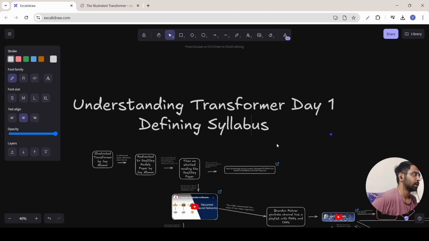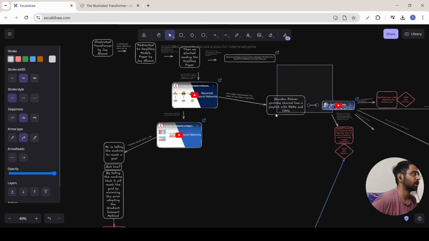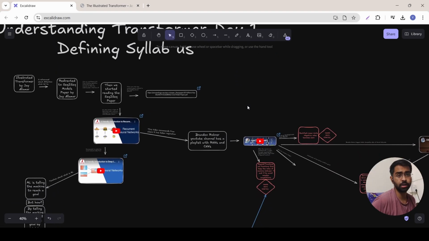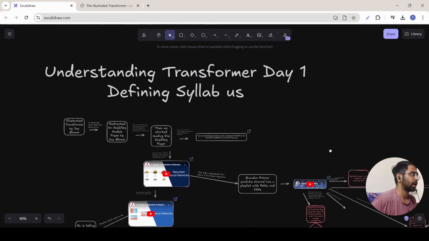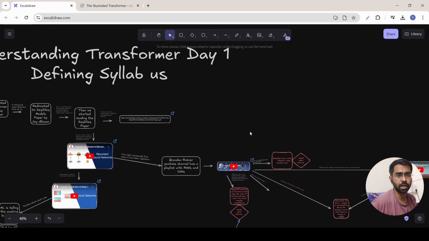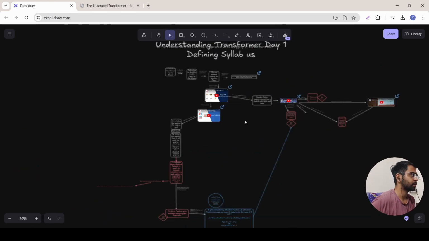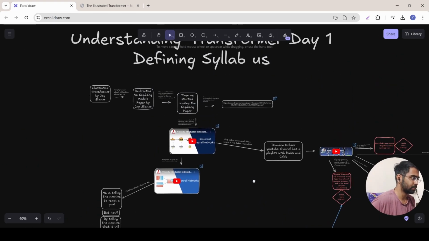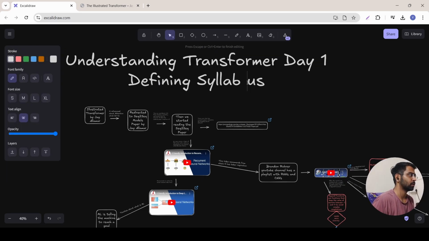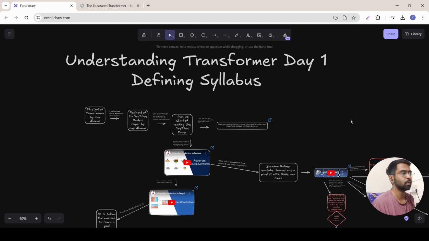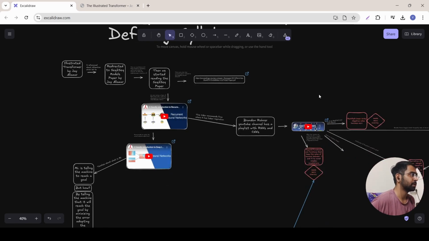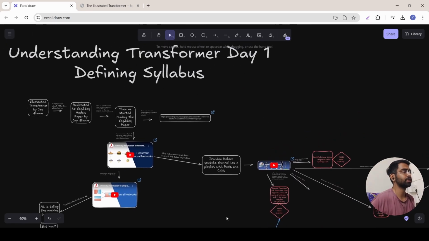That is what I have done. I did some research on what topics I would need to cover. It's still not done. I spent almost 4 or 5 hours today creating this, but it's not done, so we will have to spend some more time tomorrow, maybe the day after tomorrow also, to detail out the syllabus. First of all, we'll start by crafting the index for us.